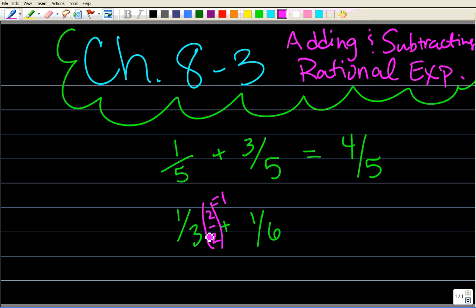So we're not changing the value, we're just changing the way it looks. When we multiply fractions, we multiply straight across. We take 1 times 2, we get 2, and 3 times 2 is 6. Then we can add it to that 1/6 we had before. We get 3/6, and then, of course, if it reduces, that would be 1/2.